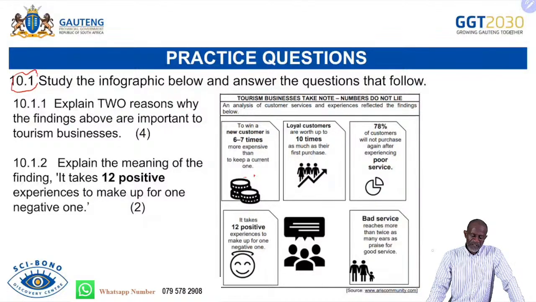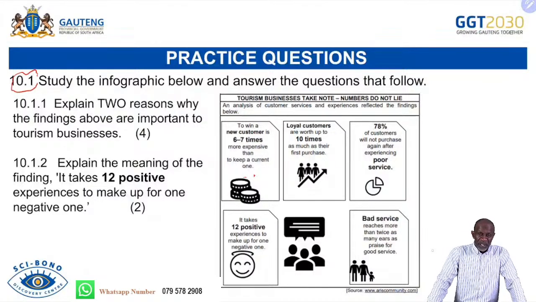It takes 12 positive experiences to make up for 1 negative one. So negative information spreads more quickly than the positive. As you operate a business, you must avoid the negative as much as one can.